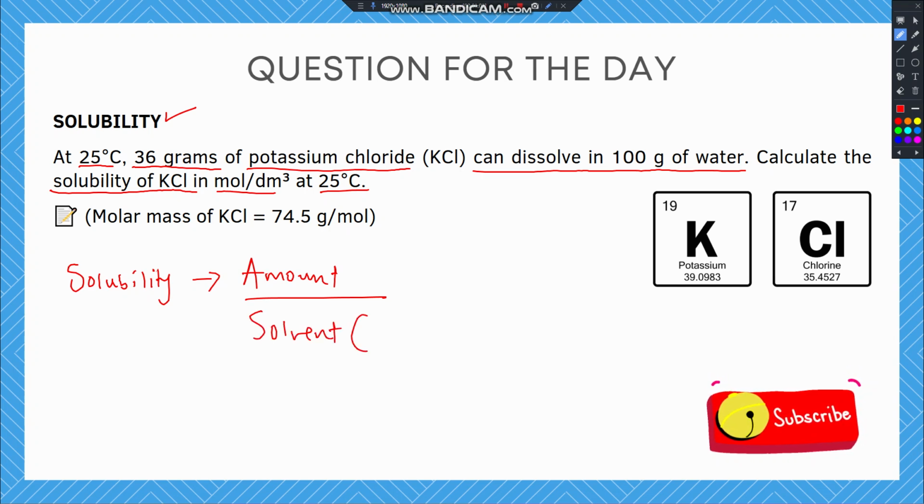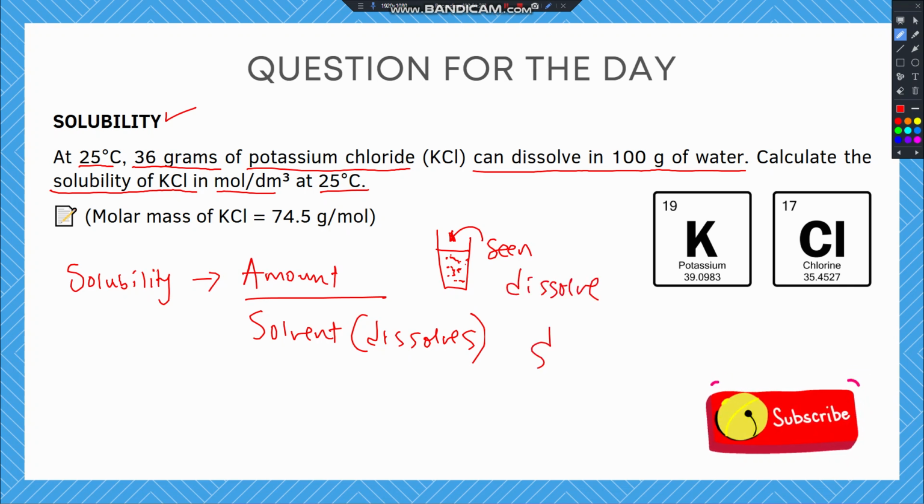A solvent is simply a substance that dissolves another substance. So for instance, let's say you have a glass of water like this, and then you have some salt poured inside that glass of water. You'd agree with me that after a period of time, that salt will not be seen anymore. Why? Because it has dissolved.